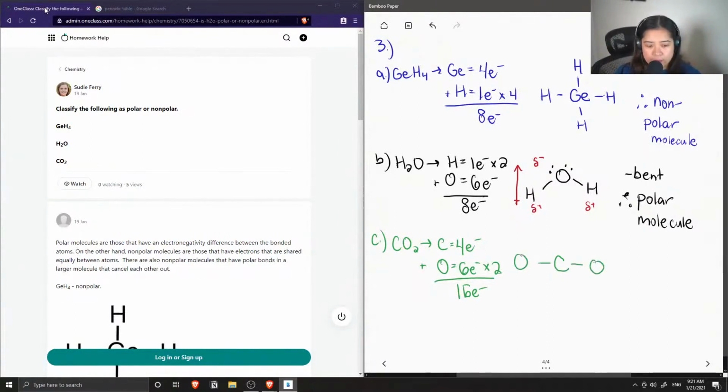If we were to draw two single bonds to oxygen, then our carbon wouldn't have a full octet, so we can make these double bonds. We only have 8 electrons in this structure so far, so we need 8 more, and the last 8 will go on my oxygens.